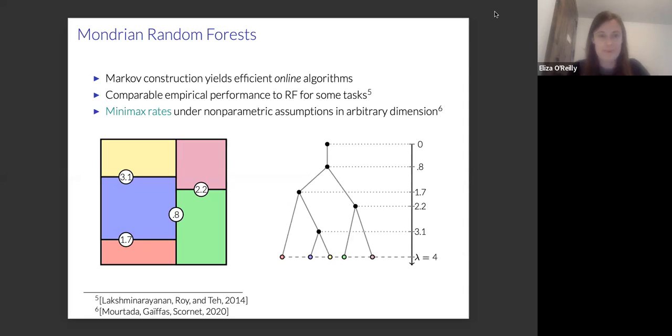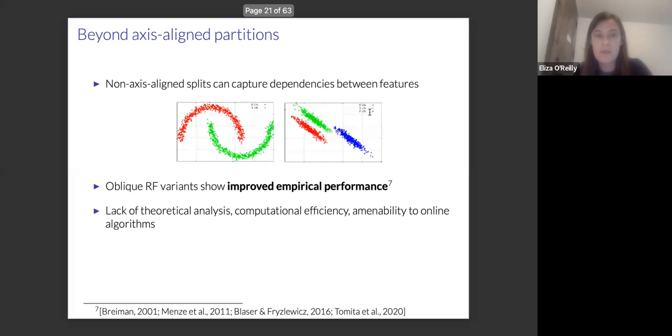So there's a remaining limitation to Mondrian random forest and Breiman's original random forest algorithm, which is that every time you make a split, you only use one feature or dimension of the input.